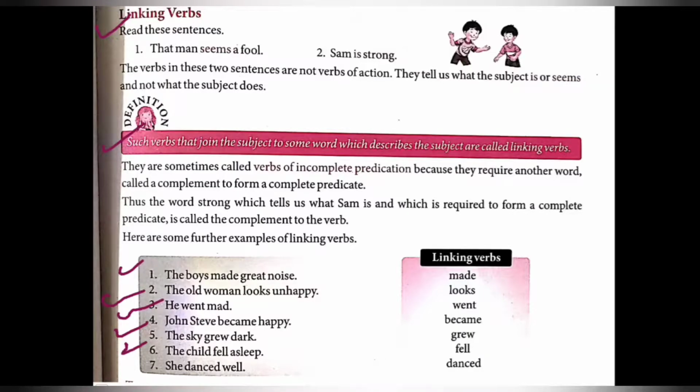The children fell asleep. She danced well. So in all these sentences, the linking verbs tell something about the subject and join the subject with describing words.